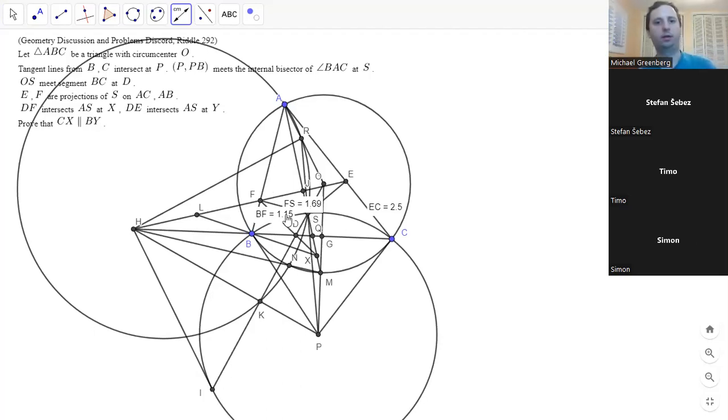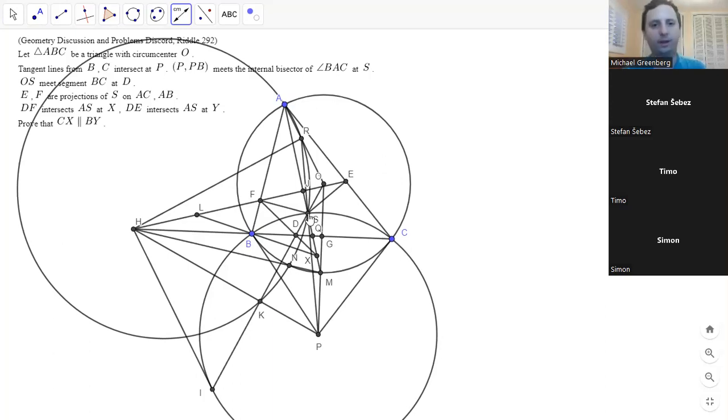So yeah, is this times this equal to that squared? Let me use the calculator. Oh, this is actually just equivalent to showing that SBF and SCE are similar. Yeah, and I don't know how we didn't see that before.